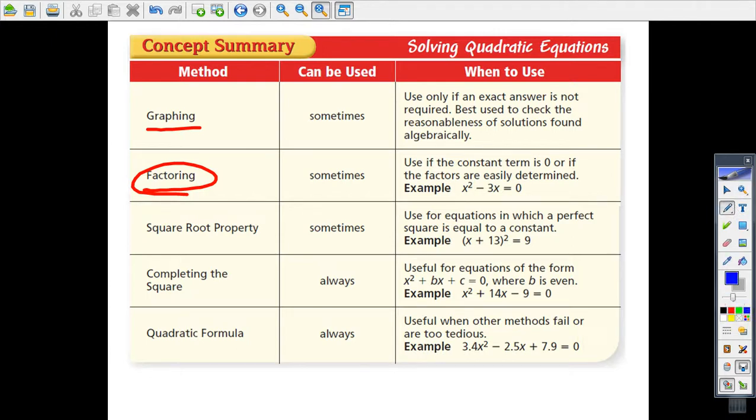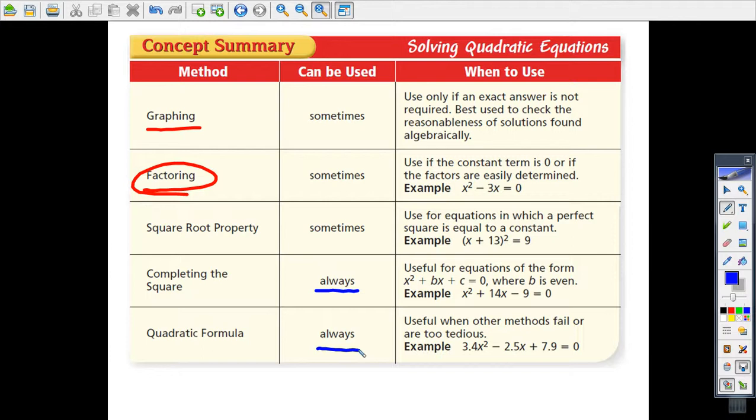The quadratic formula and completing the square are very time consuming, though they're very accurate. They always work. So if you're not sure what to do when you're solving a quadratic equation, you can always complete the square or use the quadratic formula, and if you do the right calculations and follow the right algorithms, you will always get the right answer. Always.